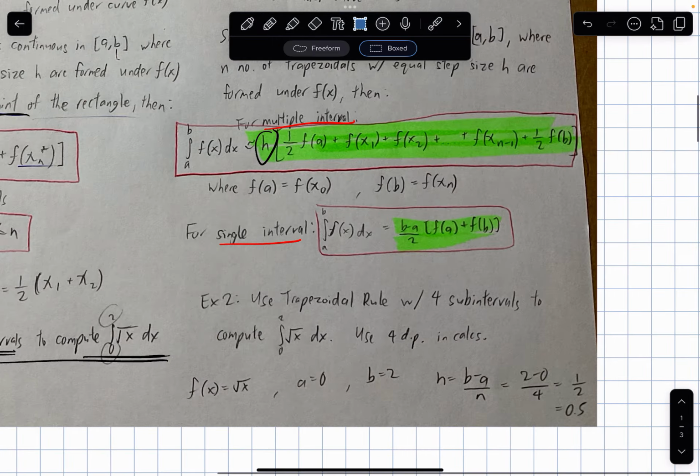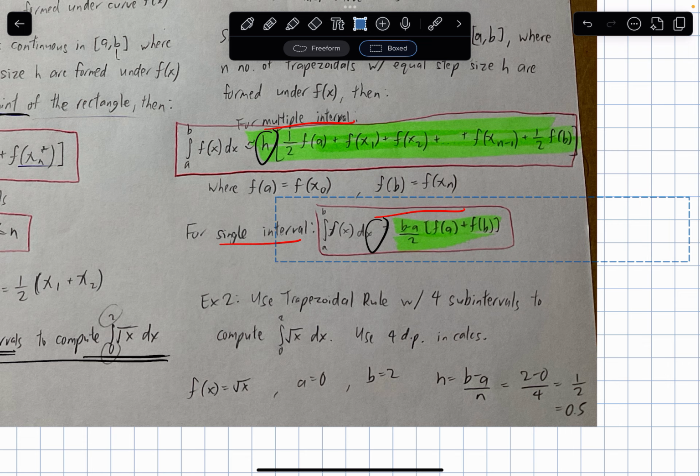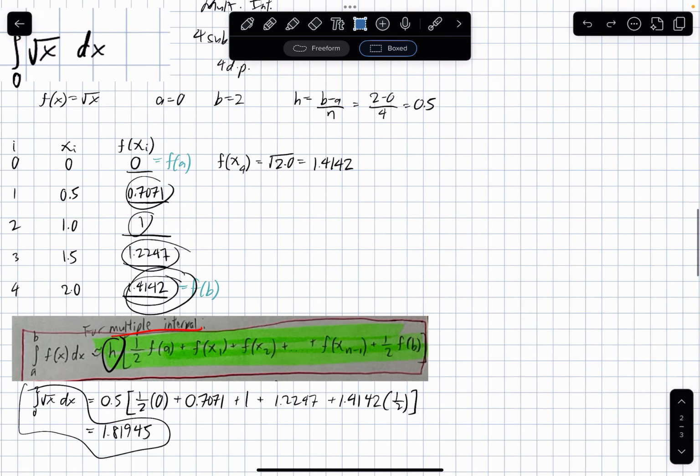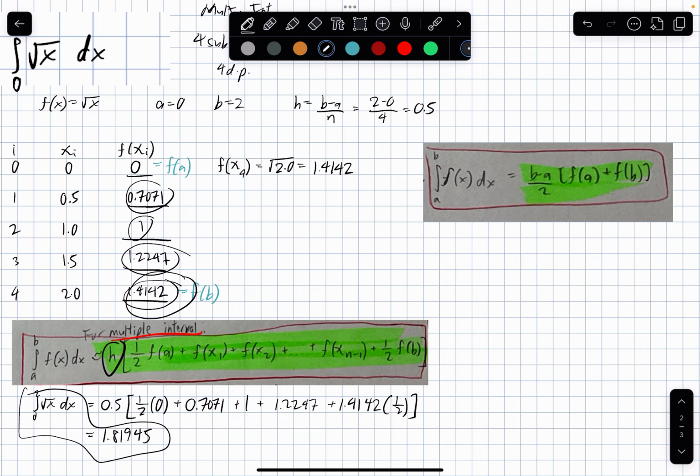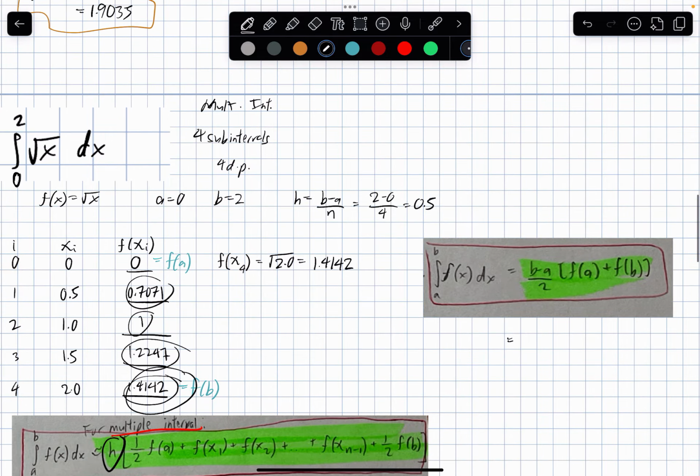What if single interval lang? Let's try out this formula. What if ito yung gagamitin natin? We're not gonna use the same iteration table since we are not gonna involve 4 subintervals. Dalawa lang, no? B minus A, so that's 2 minus 0, still 2 divided by 2, 1.